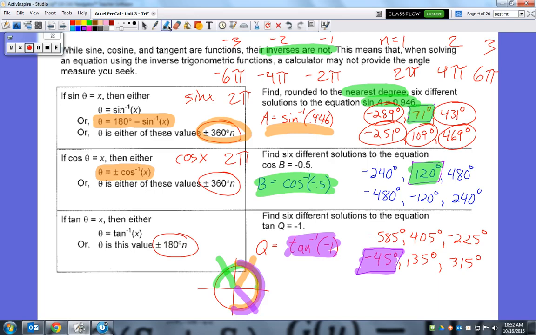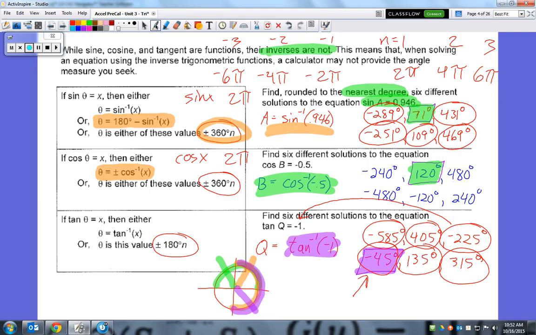Keep in mind that if I took the tangents of all of these, they would all yield that same value of negative 1. But when I go backwards and take the arc tangent, otherwise known as inverse tangent, it's only going to give me that restricted domain value in quadrant 4.